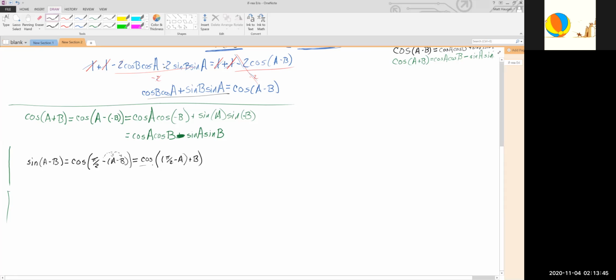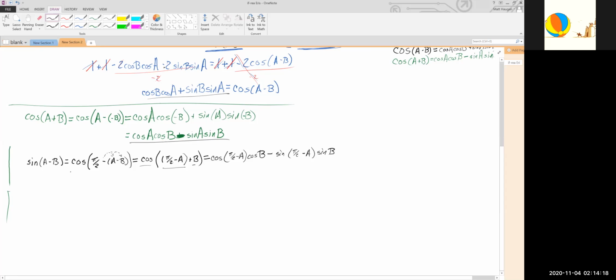But then this is the cosine of a sum of this thing plus that thing. And we know how to handle the cosine of a sum. It's right there. That's equal to the cosine of pi over 2 minus a times the cosine of b minus, remember this is a minus, the sine of pi over 2 minus a times the sine of b.